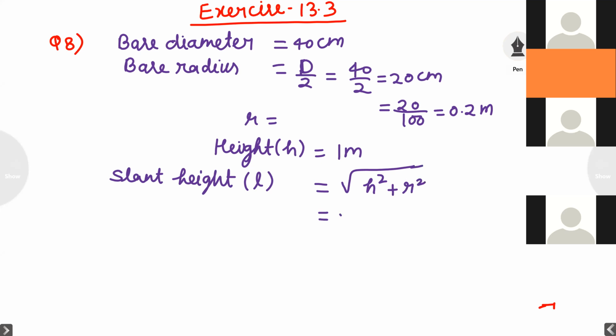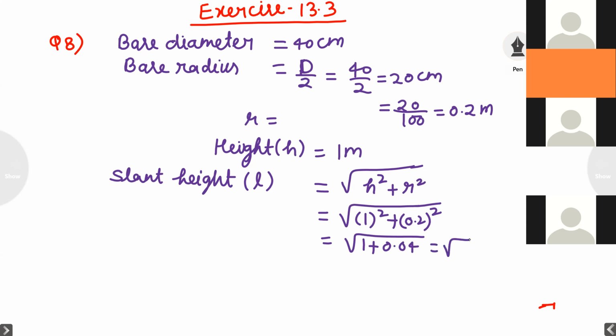Square root of height 1 square plus 0.2 square. 1 square means 1 into 1, don't say 1 square is 2. 0.2 square means 0.04.